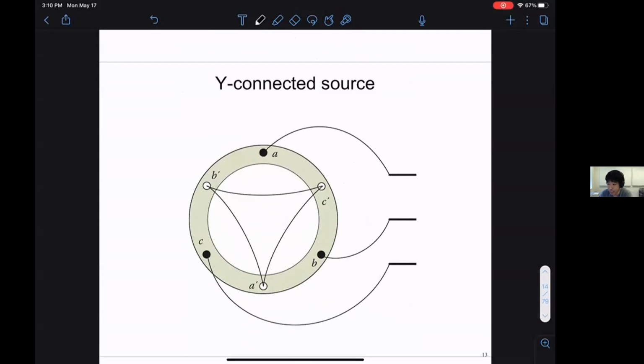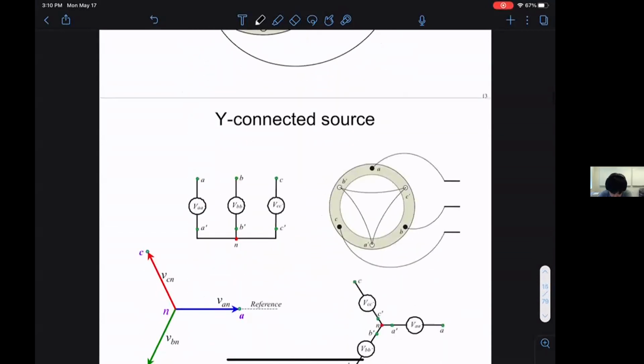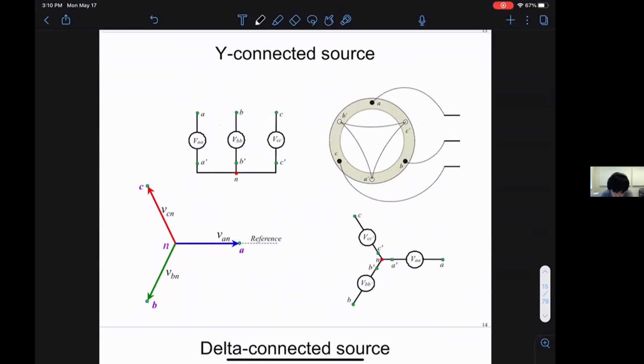We can draw this equivalently in this form. I have a neutral, which is some common point of coupling, and it's as if I have three generators, or three voltage sources, A, B, and C. Any questions with this picture?